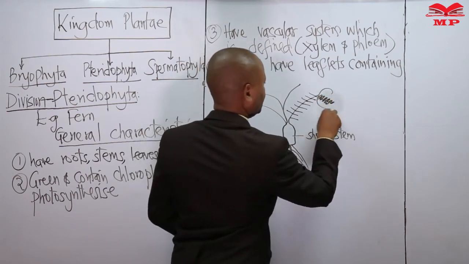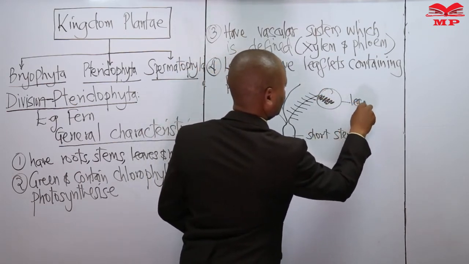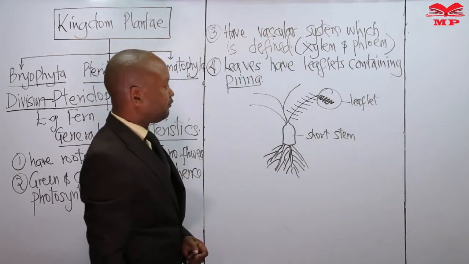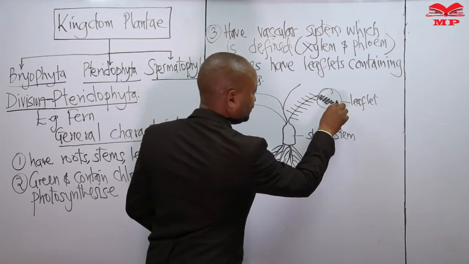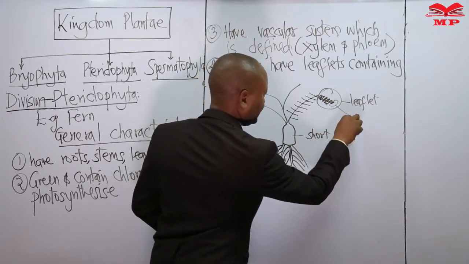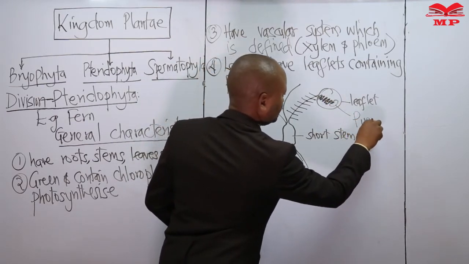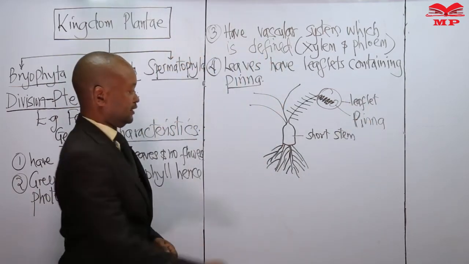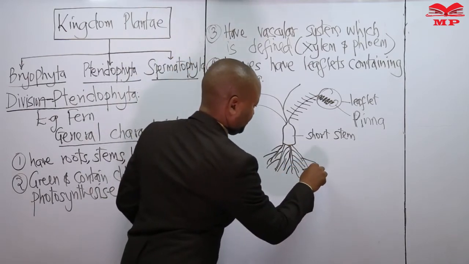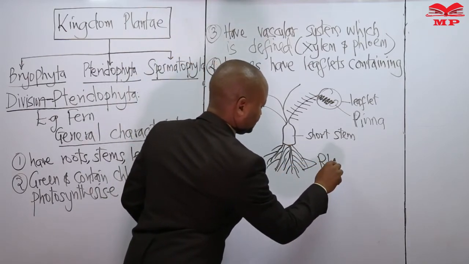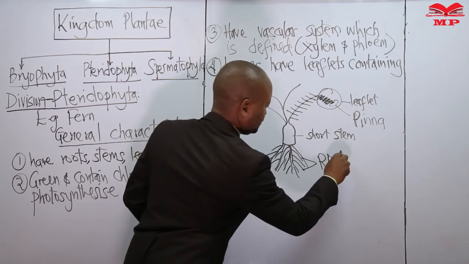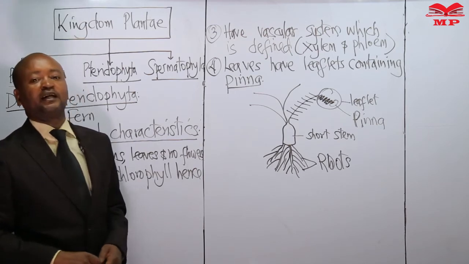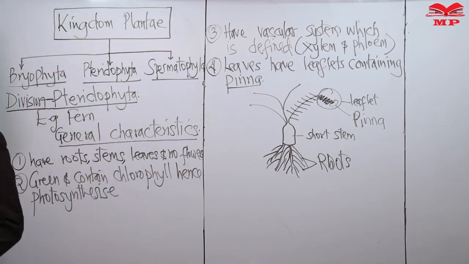Then this one is a leaflet, and the small bit of the leaflet, that small leaf, is what we are calling the pinna. Then these are the roots. Remember the other one had rhizoids? Not rhizoids, these are now the roots. So that is very unique among this particular group of plants.